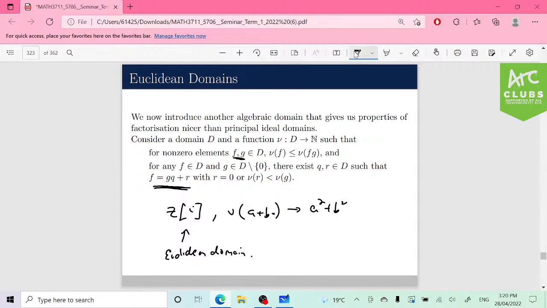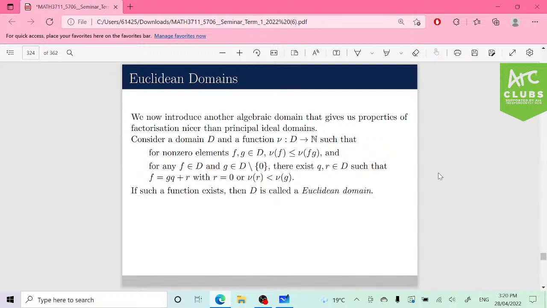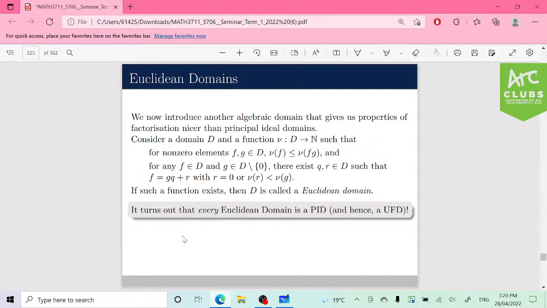All right, so some nice properties of Euclidean domains would be that every Euclidean domain is a principal ideal domain. And so as a result, every Euclidean domain must be a unique factorization domain. And so we obtain this inclusion, this chain of inclusions as well.